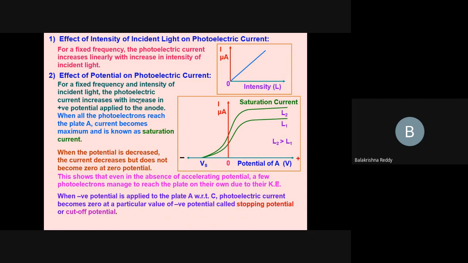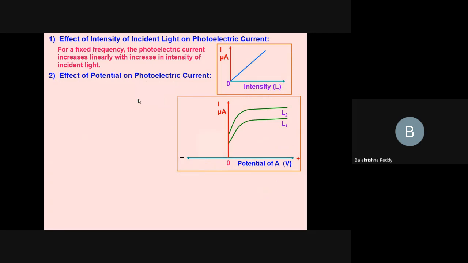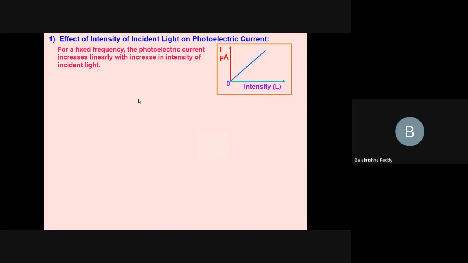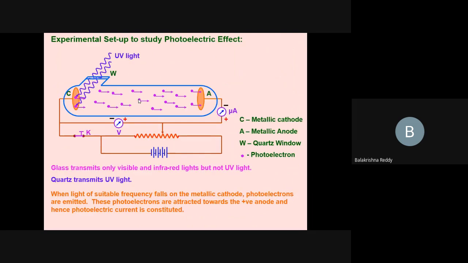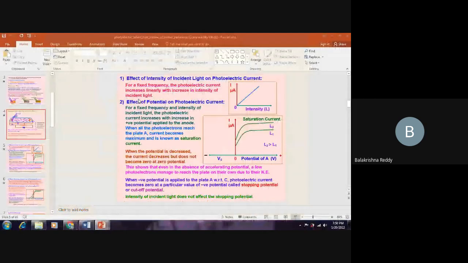And the first one is the effect of intensity of incident light on photoelectric current, which are linearly proportional for a fixed frequency. These are all the effects from the experimental setup of the photoelectric effect.